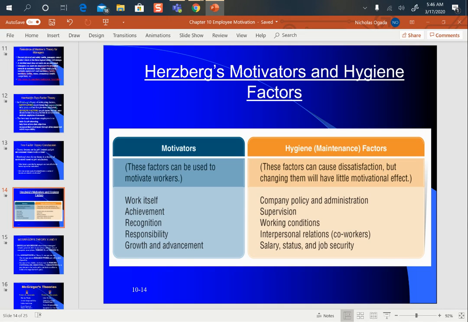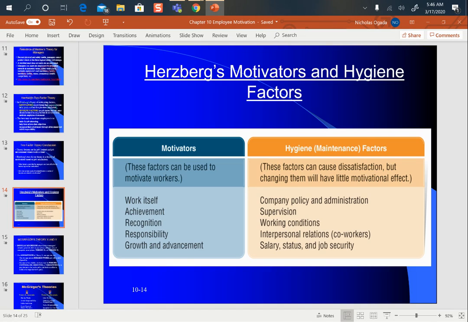However, on the other side, in order for us to maintain motivation, we must have the hygiene, or what we call the maintenance factors, present. If these factors are missing, then they result in dissatisfaction. So they don't motivate the employees, but to maintain the level of motivation, there is company policy and administration, the rules, again to sustain motivation.